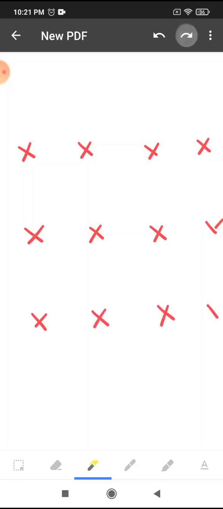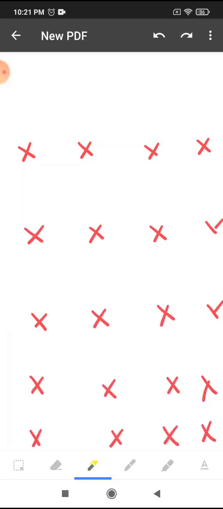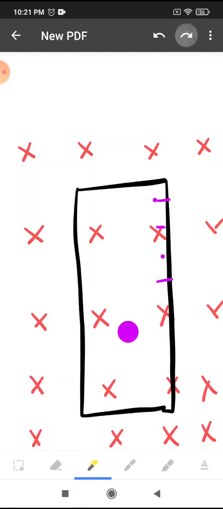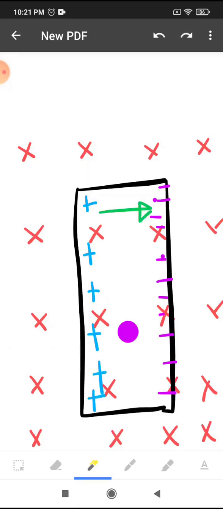Now let us redraw the figure, because now I need to demonstrate something else. This was the conductor. This is the negative charge accumulation on the left side. Positive charge gets accumulated on the right side. And what we observe is that some electric field, denoted by that green arrow, is established from the left to the right.